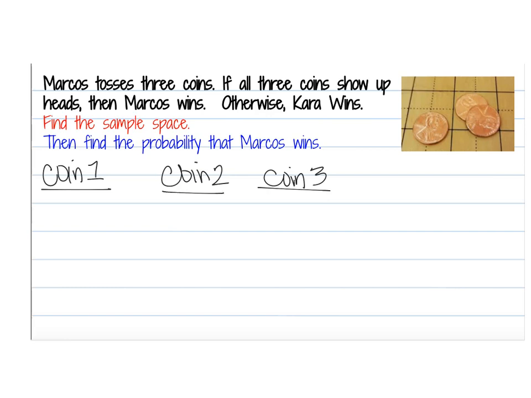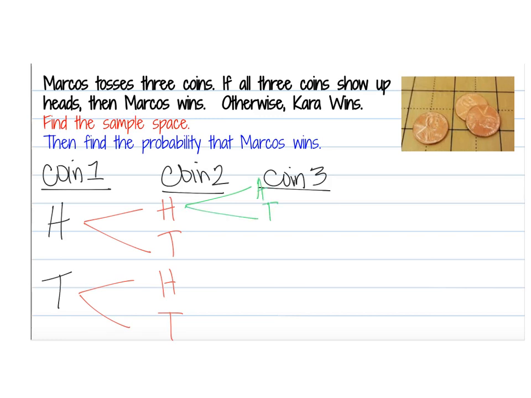The first coin that he flips, he can either get a heads or tails. When he tosses the second coin, he can again get heads or tails. So I'm going to add that to my first coin. So now I know the second coin, he can get heads or tails. And then the third coin, again, heads or tails.